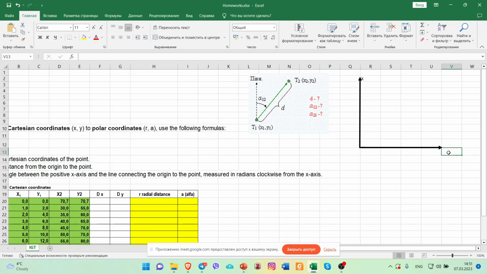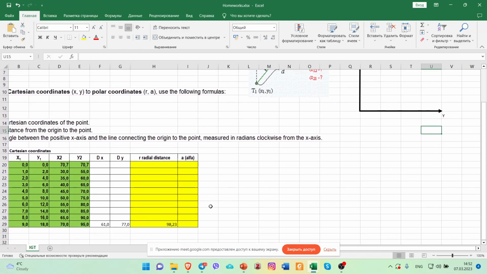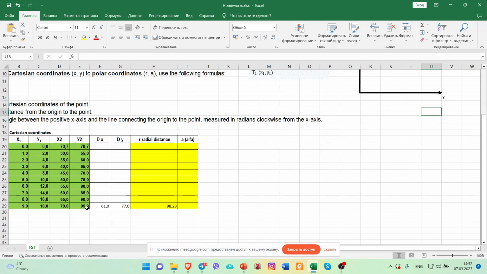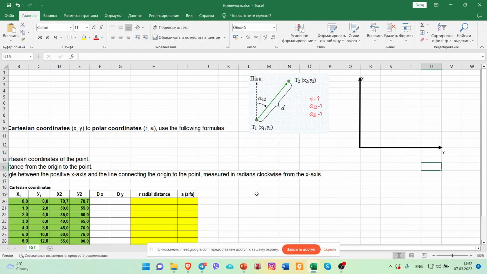X-axis and y-axis. And then we try to understand in what quadrant does our line lie.